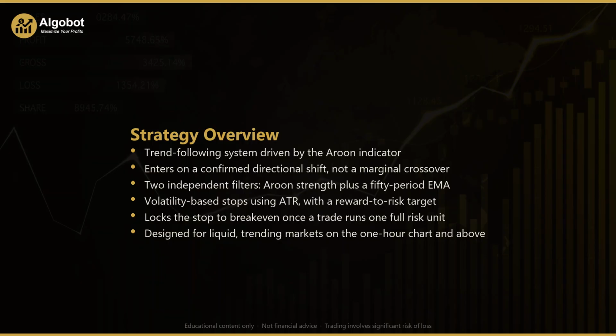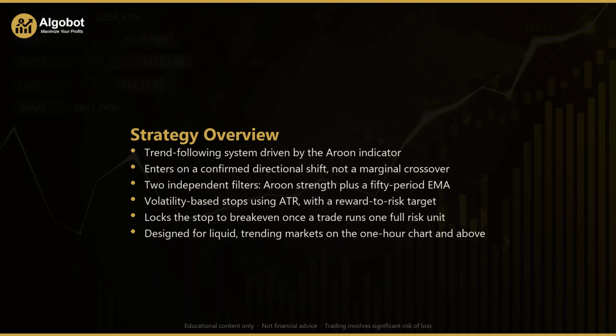What makes Aroon a little different from many indicators is that it doesn't measure how far price has moved. Instead, it measures how recently the market made a new high or a new low. When fresh highs keep appearing, the Aroon Up line rides near 100. When fresh lows dominate, the Aroon Down line takes over. The strategy watches for the moment these two lines cross, because that crossover marks a change in which side is printing the more recent extreme.